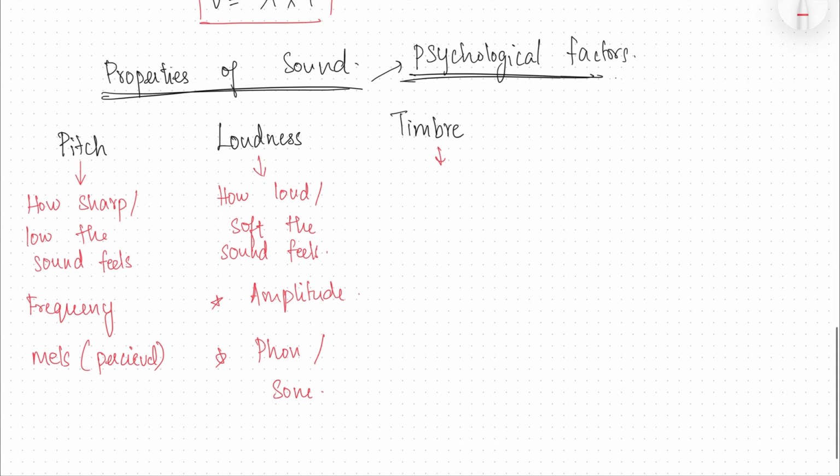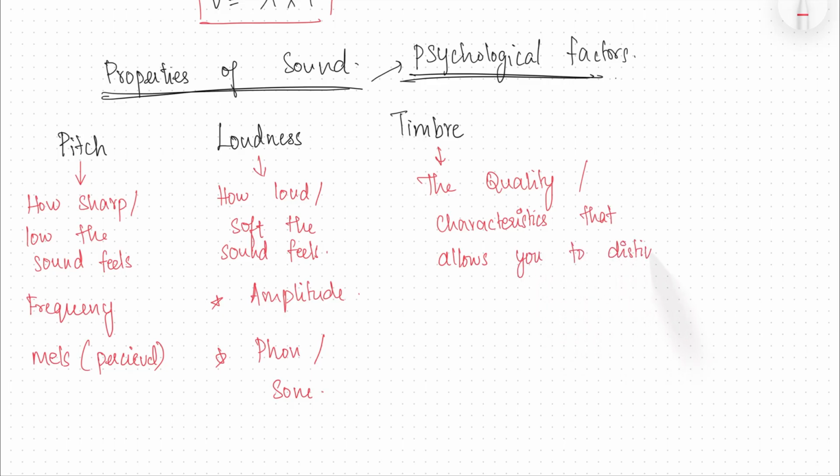So that is your timbre. Okay, so the quality or the characteristics that allows you to distinguish between the sounds of same loudness and same pitch.